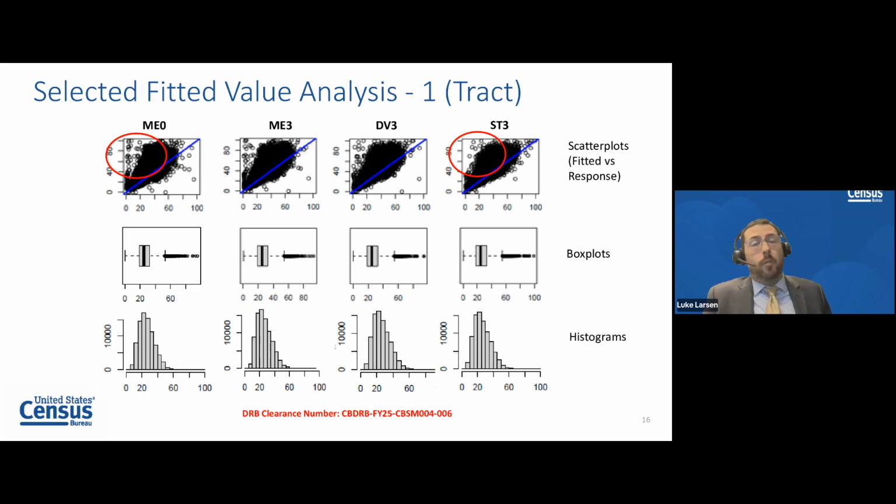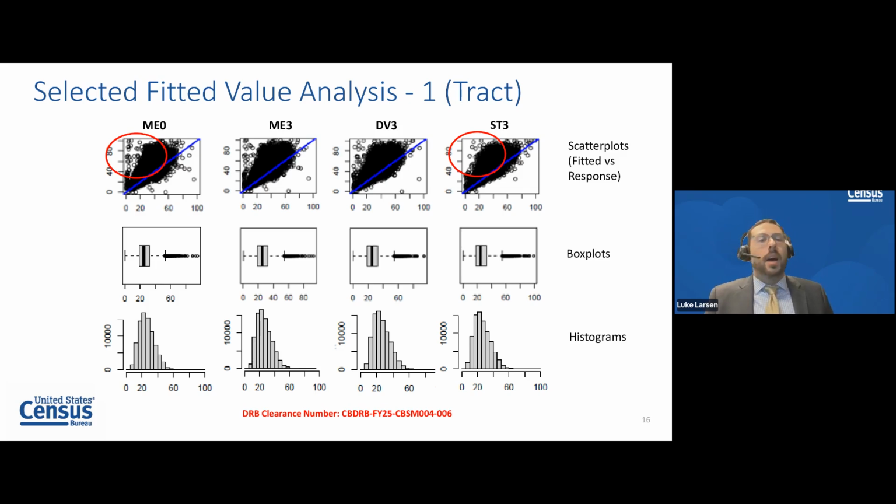But when you look at the scatter plots, if you pay attention towards the regions that I circled, you see that under the baseline model, the ME0, there's a lot more scatter that we would deem undesirable, where there's not much agreement between the fitted values and the response. And as you increase in complexity, that undesirable scatter tends to dissipate, and you trend more of the cases towards the diagonal line that we want to see.